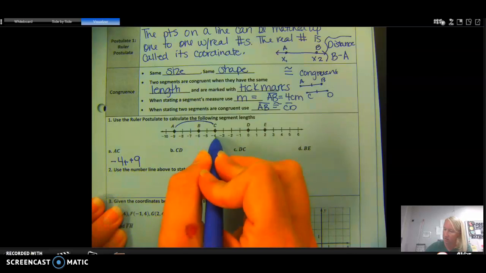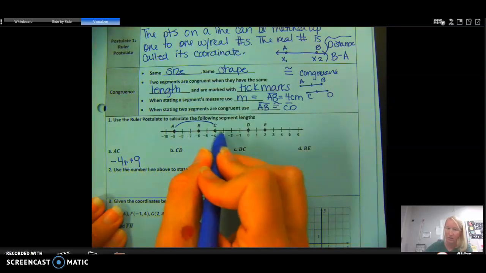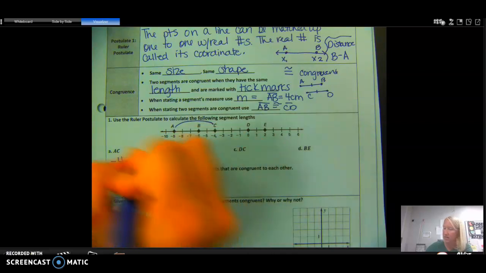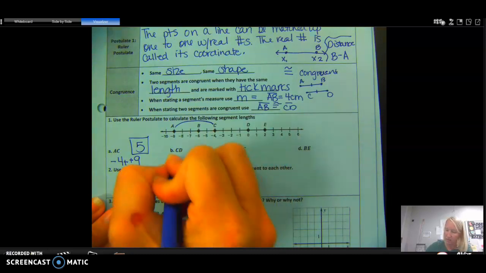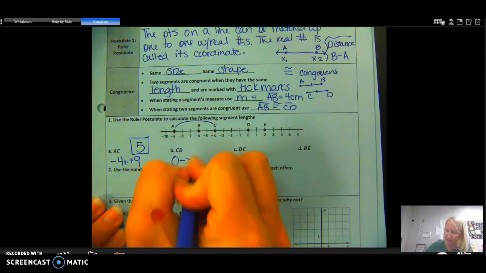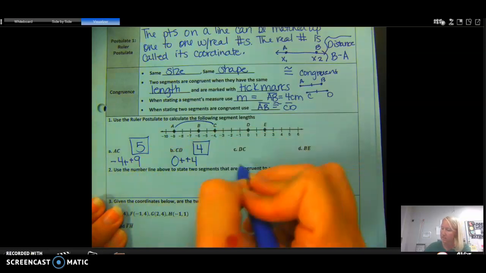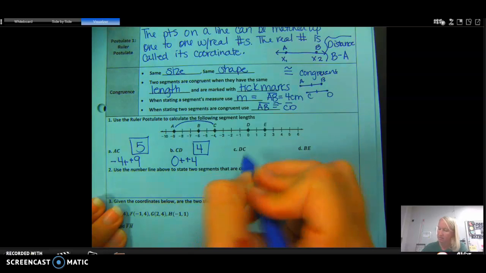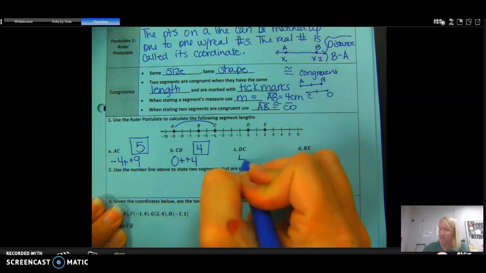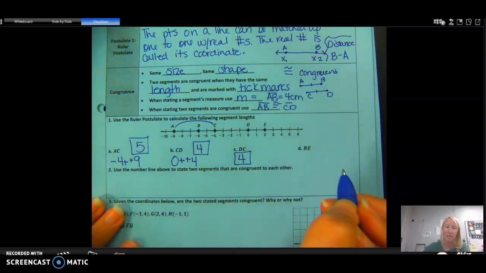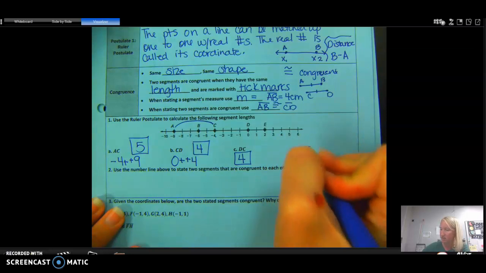C is at -4, A is at -9, so I take my furthest, subtract my smallest, and I get 5. C to D, so I do 0 minus -4, two negatives make a positive, so that is a 4. D to C, same thing. Isn't C to D the same as D to C? They are. So it's actually the same exact answer. B to E, so I'm going to do 2 minus -6. Two negatives make a positive, so I get 8.